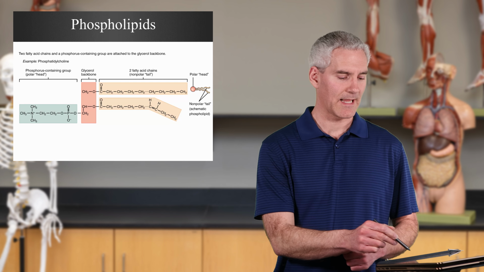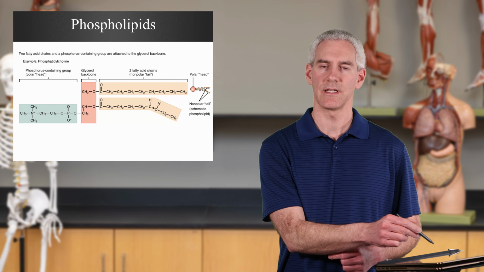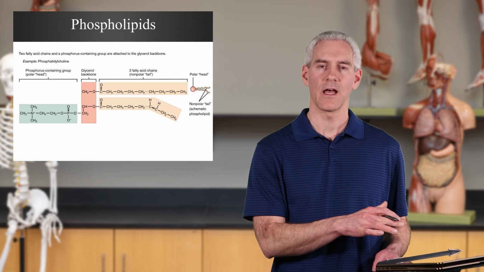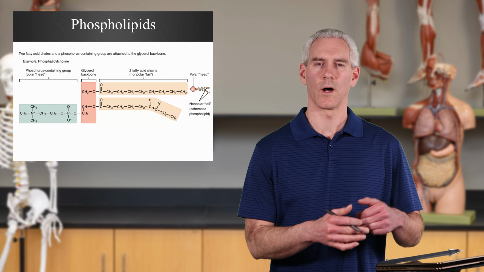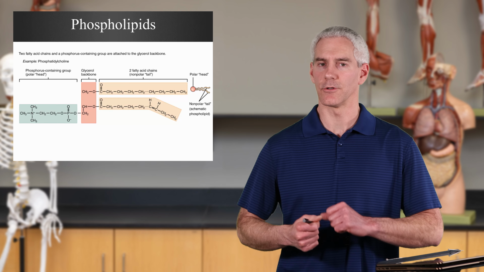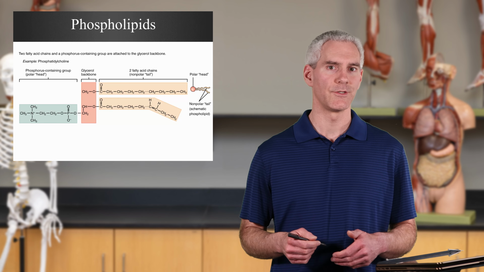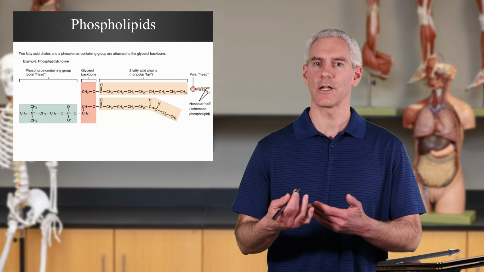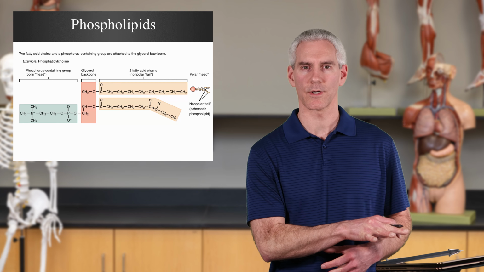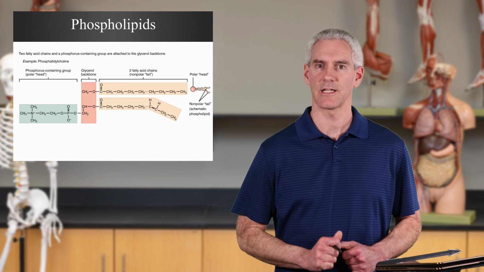So these actual tails down here, these 2 different fatty acids, are hydrophobic. They don't like water. But the phosphate group, which is the head group, is now hydrophilic. It can interact with water, no problem. So this molecule is very important in our bodies because it's what makes our cell membranes.